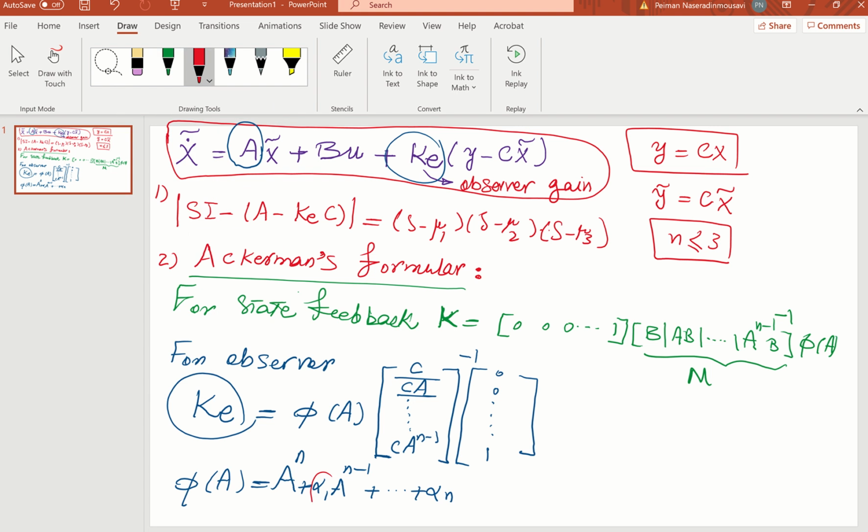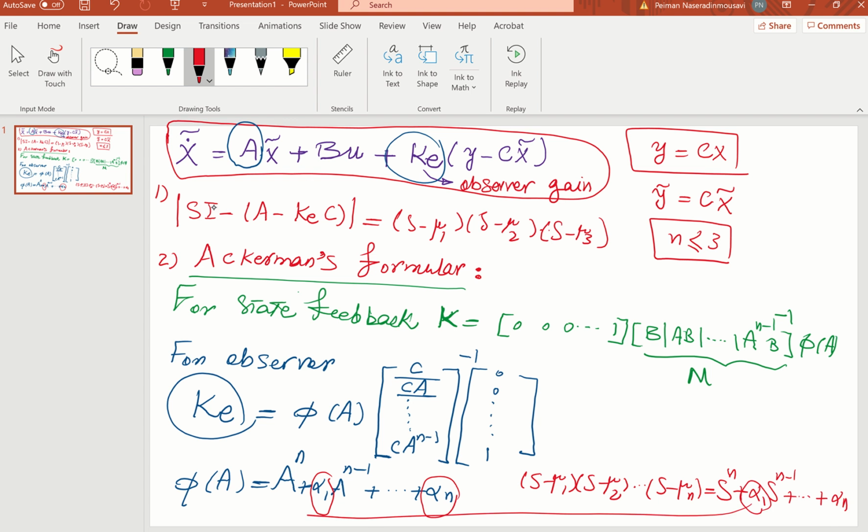When you have desirable poles or eigenvalues for the observer, you take (s minus mu1)(s minus mu2) up to (s minus mu n). These are the desirable poles. Multiplying out gives you the polynomial s^n plus alpha1 s^(n-1) up to plus alpha n. You put these in here, as we did for the state feedback control.